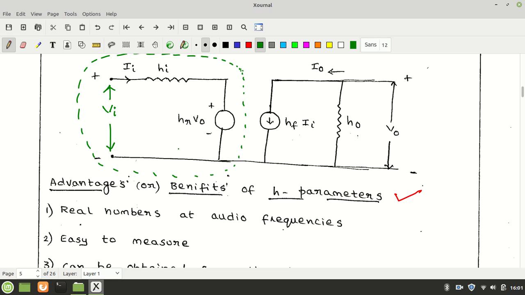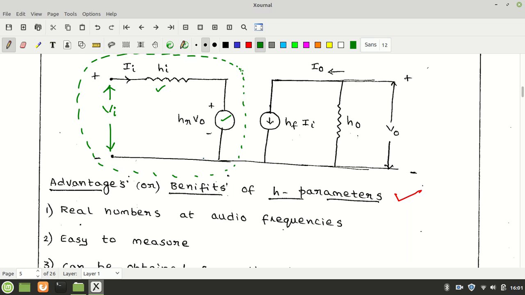Input voltage is equal to the sum of the voltage drop there and the EMF of this, or you can think that this is a voltage drop Hr into V0, because Hr has no dimension, so Hr into V0 is another potential drop.